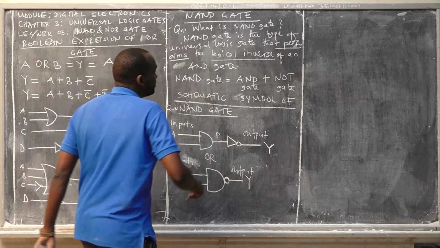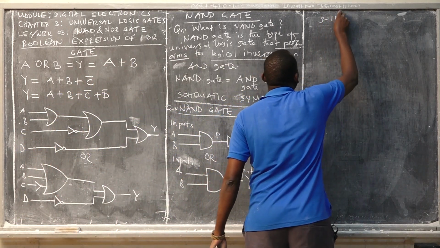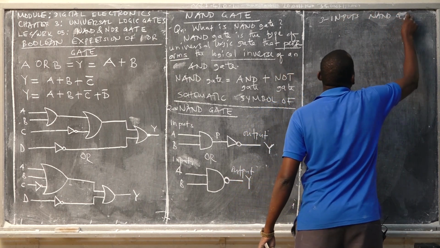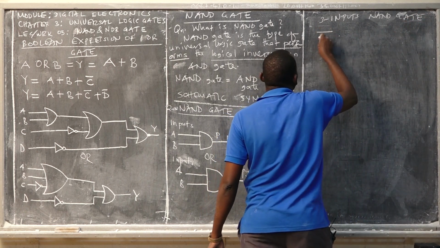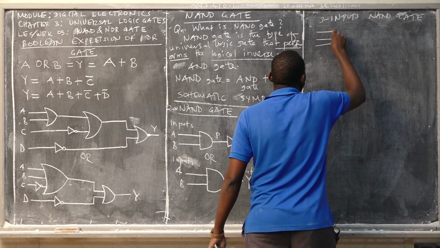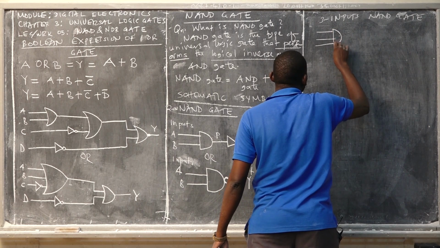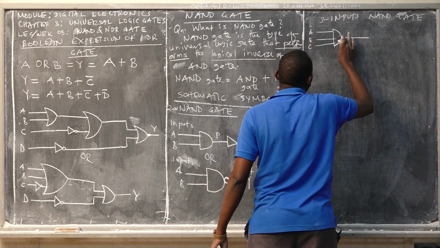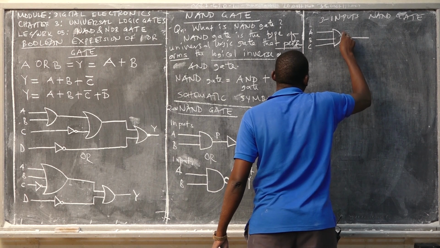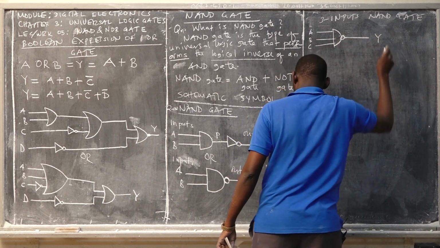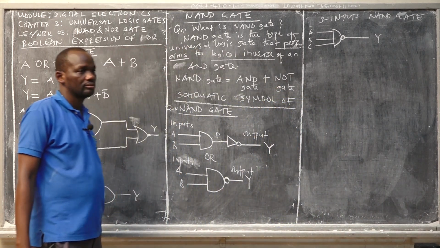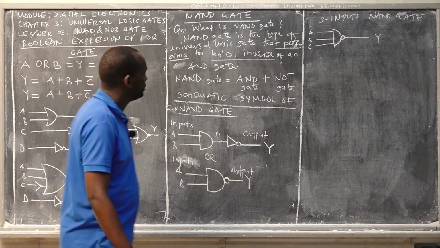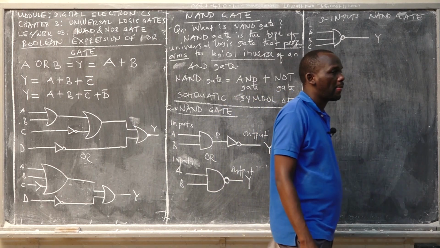For the 3 input, you'll find it in this style: A, B, C, Y. So these are the simple schematic symbols of NAND gate.